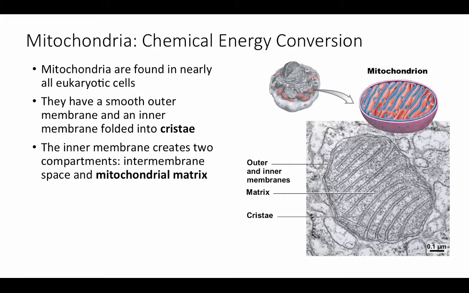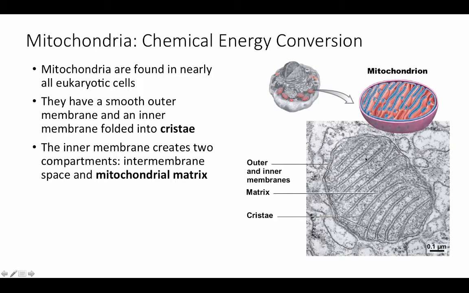And so these cristae are where many of the chemical reactions are going to be taking place. So the inner membrane creates two compartments. The intermembrane space, which is between the outer and inner membranes, okay, so this space here, and then also the mitochondrial matrix, which is the space in between all of these little folds of membranous cristae.